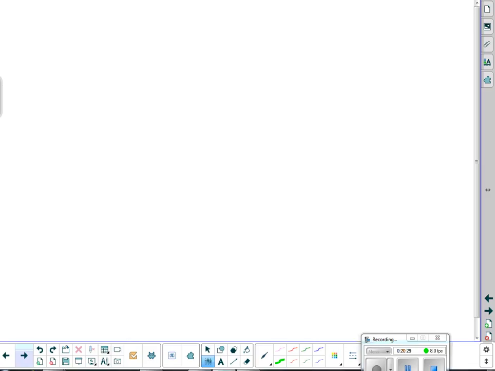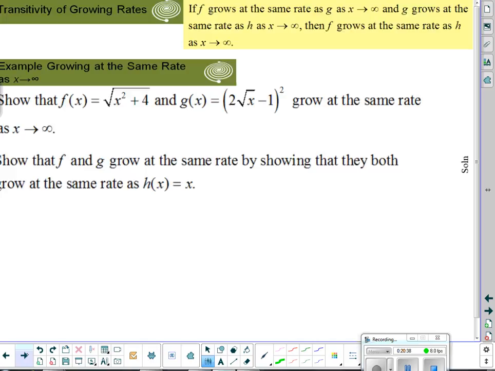So, transitivity of growing rates. What the heck is transitivity of growing rates? Well, let's read my notes. Transitivity of growing rates. If f grows at the same rate as g, as x goes to infinity, and g grows at the same rate as h, as x goes to infinity, then f grows at the same rate as h.